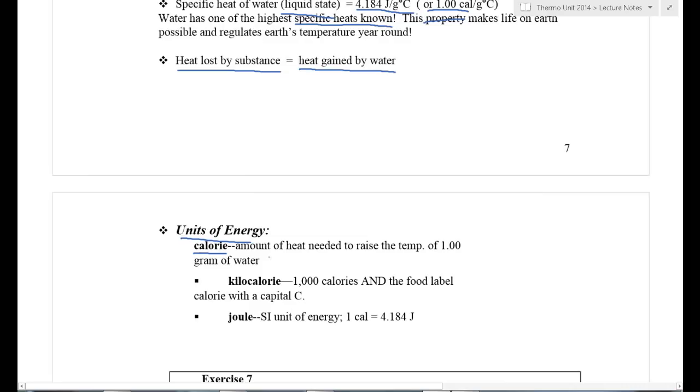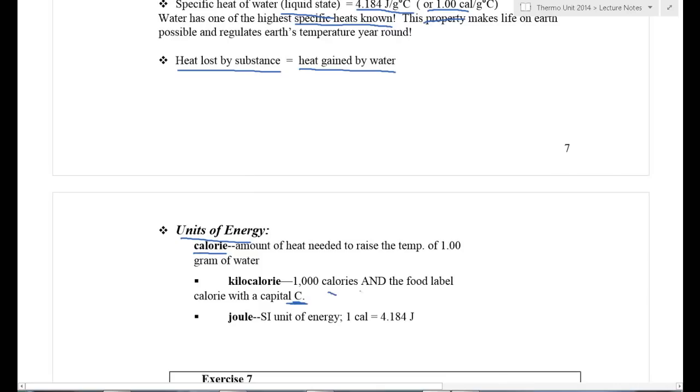Okay, and a kilocalorie is 1,000 calories. If you look at your food labels and it says a piece of candy has 200 calories, it really has 200,000 calories, because those values on your list of substances are actually listed in capital C, or kilocalories.